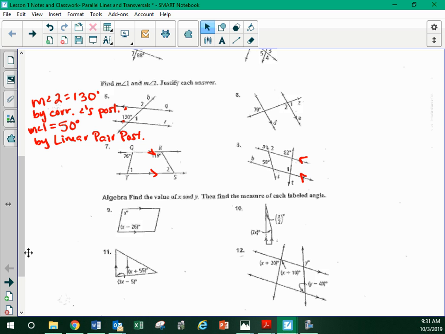You told me 5 and 2. I know that it has to be these, but how do you know those are supplementary? What type of angle pair is it?